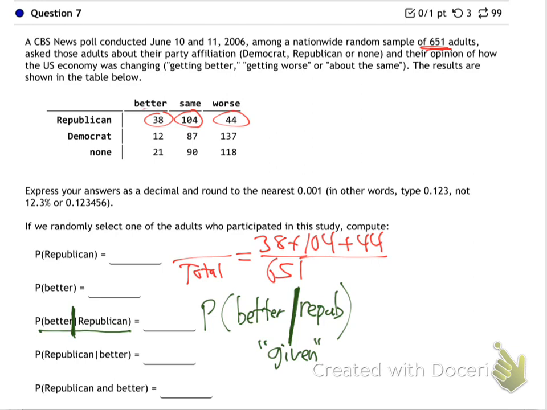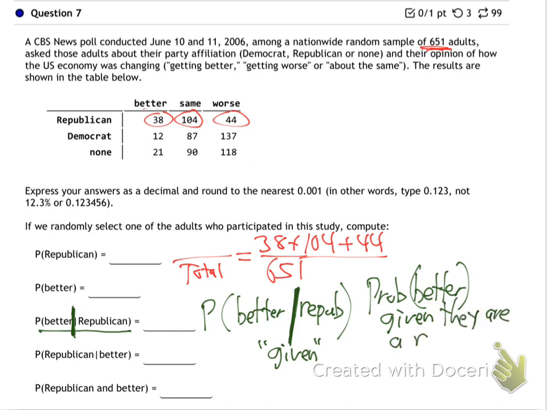So what is the probability that the person is better? Well, they're not better. They think the economy's better, given they are a Republican. They affiliate with the Republican Party. So what's the probability that they think the economy's getting better, given that they're a Republican?